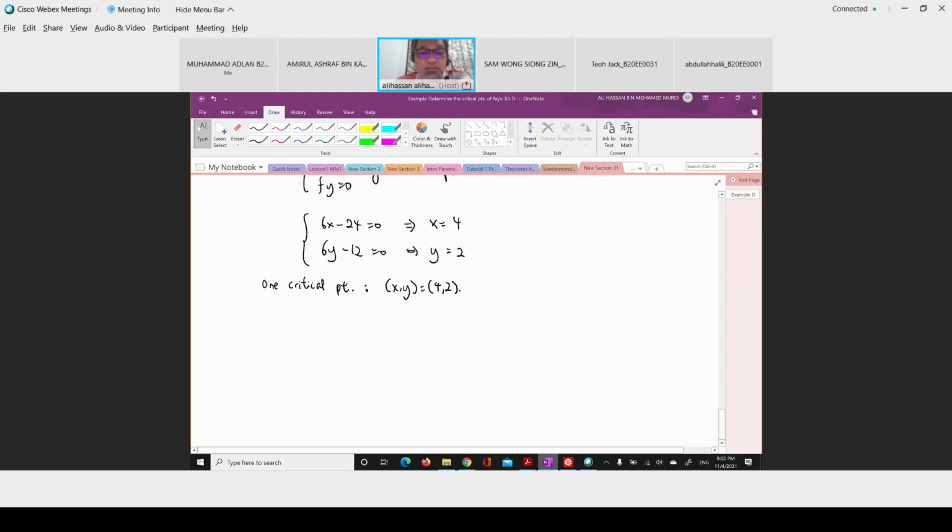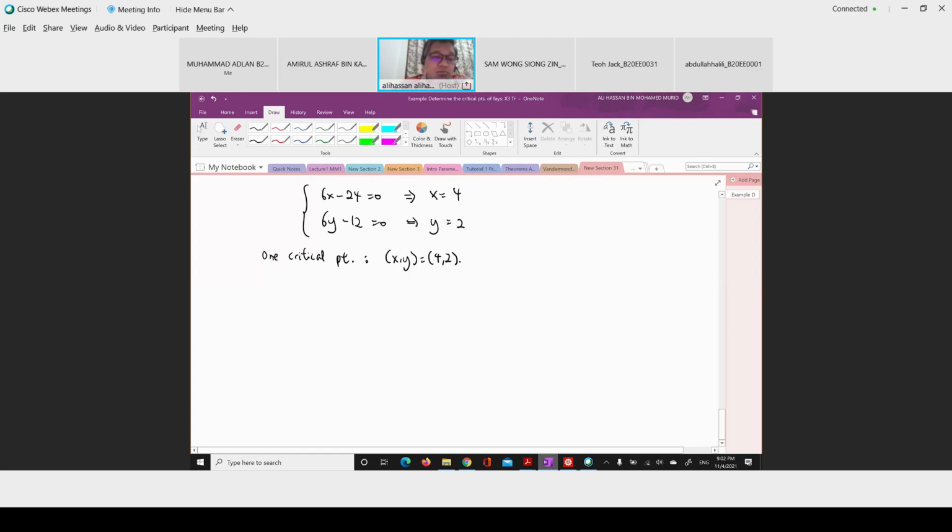Because we want to minimize, we are interested in the minimum point. So let's construct this table. A is f partial x partial x.